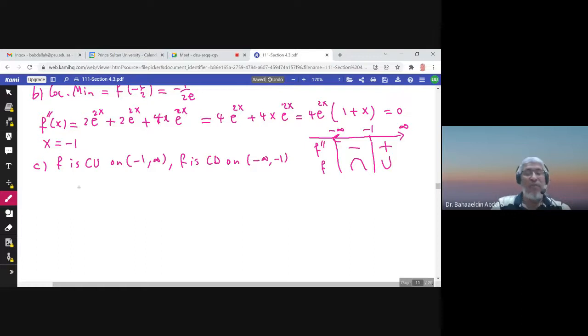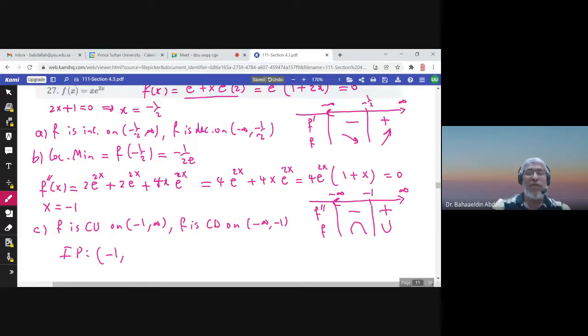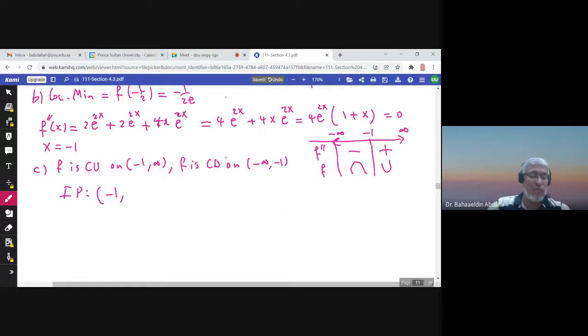And I'll have an inflection point at negative 1 and f of negative 1, which is negative e to the power negative 2, or you can write it negative 1 over e square.